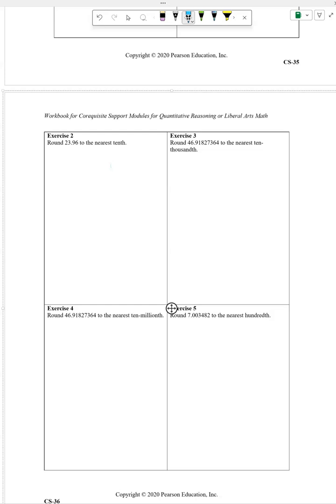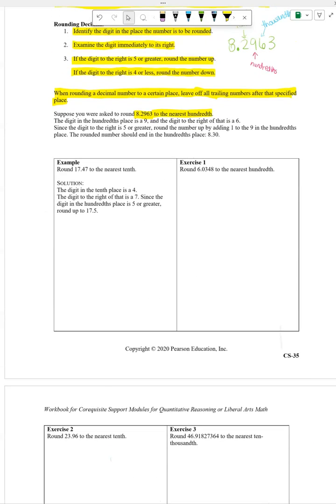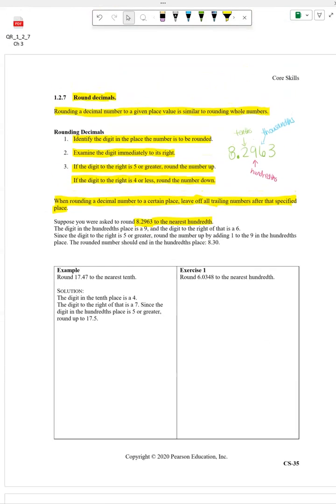Ten million. That is ridiculous. We'll never do that again in this class. I don't know why they put that in here, but that's insane. So normally we do the tenths or the hundredths in this class, okay? So we rarely go to the thousandths. Just know that now. I don't know why they made this sheet so difficult, and I apologize.